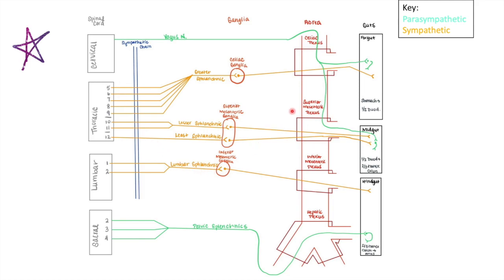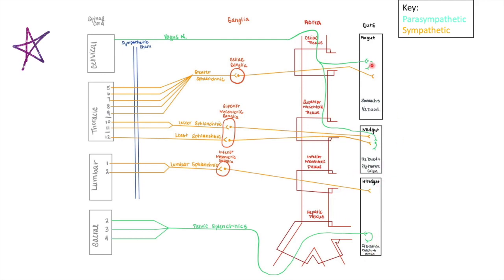Okay, so then we've got synapses that go to our guts. So our foregut is going to be composed of our stomach through half of our duodenum. Our midgut is the other half of our duodenum, the second half, to the 2/3 of our transverse colon. Our hindgut is composed of the other third of our transverse colon to our anus.